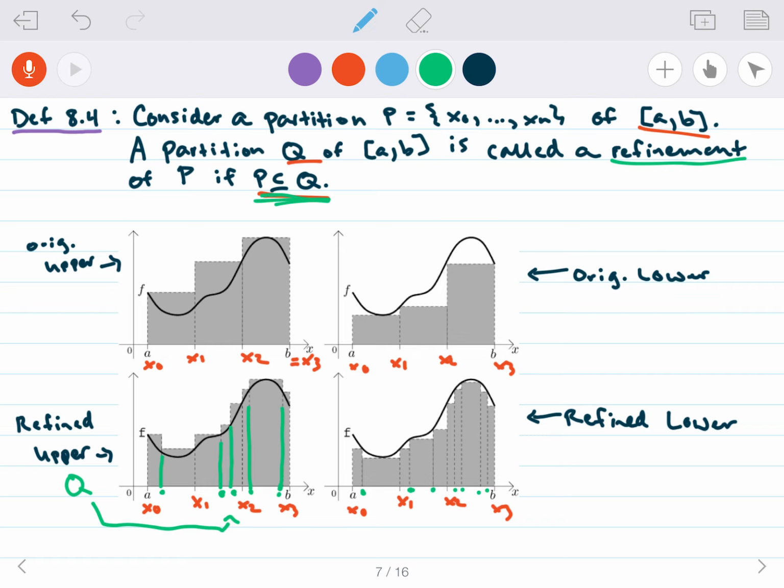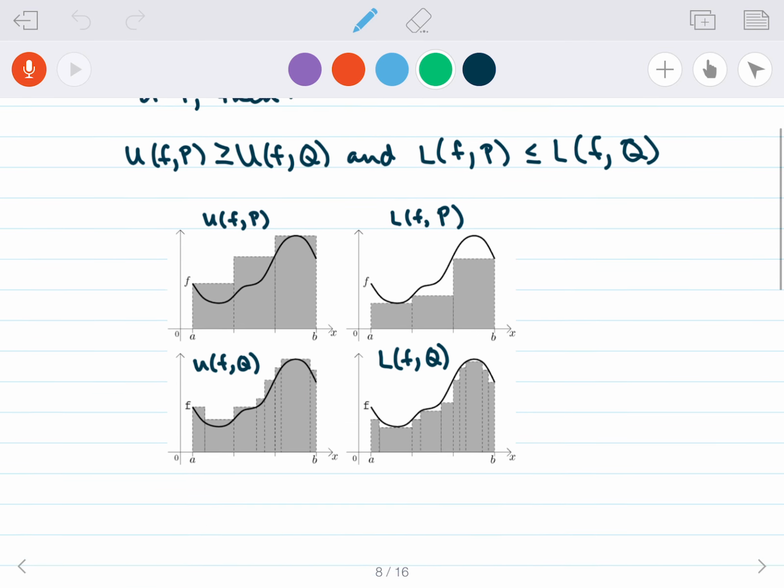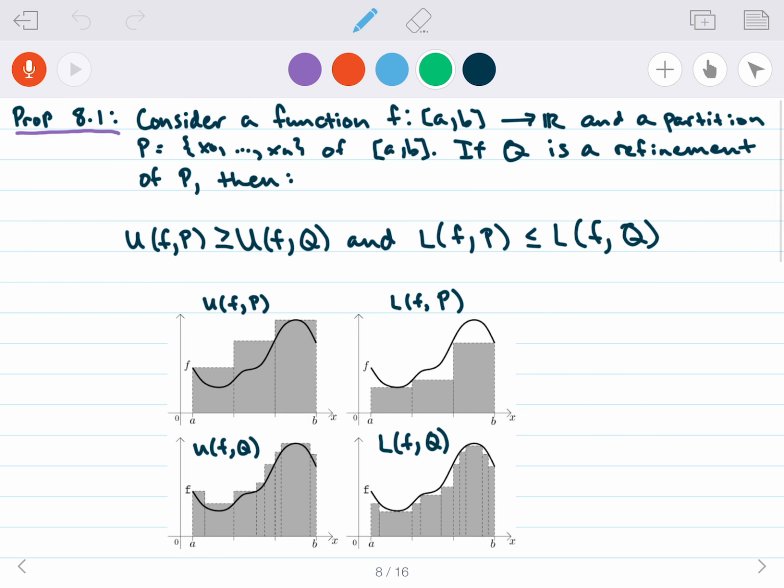So this is the refined lower sum. And notice that the refinements are giving a better estimate of the actual area under the curve. So that's a key idea here. All right, and let's see. Are we going to prove this? I don't think we're going to prove it, but let's just talk about the intuition behind it.